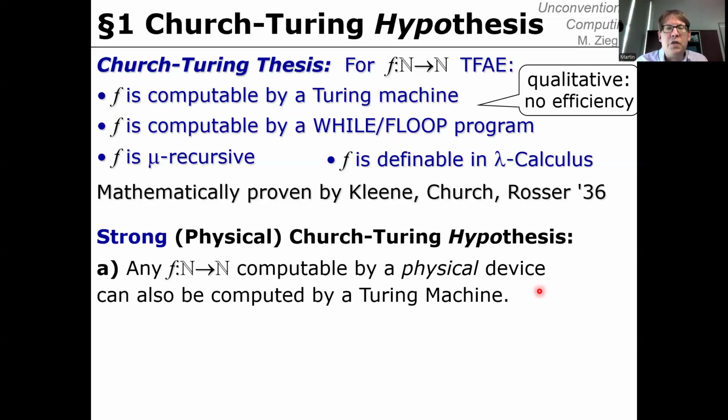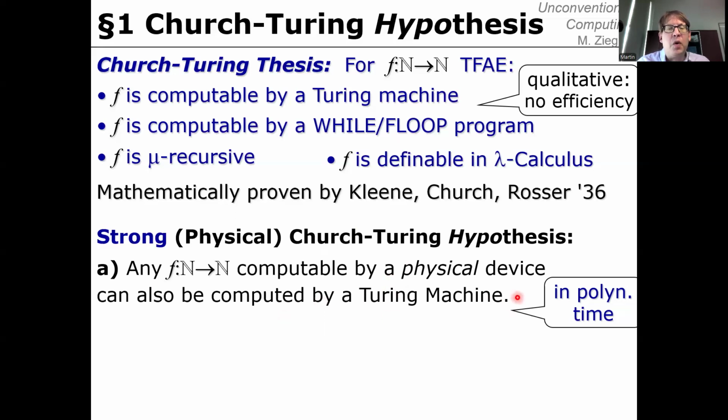And the strong version of this hypothesis says the same applies not only qualitatively, like in the Church-Turing thesis, but also quantitatively, taking into account efficiency, namely taking into account polynomial time computation. Something that can be computed in polynomial time on a physical device can also be computed in polynomial time on the Turing machine.